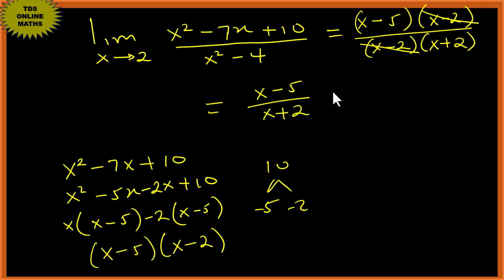With this, I can plug in the limiting value. So I'll put 2 here: 2 minus 5 on 2 plus 2. So we have minus 3 on 4 as the answer. All right.